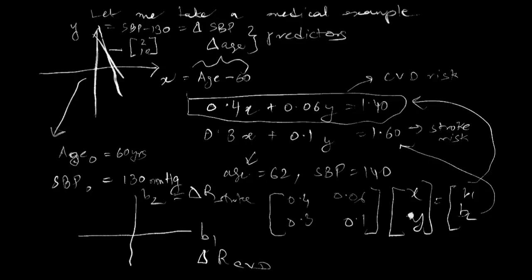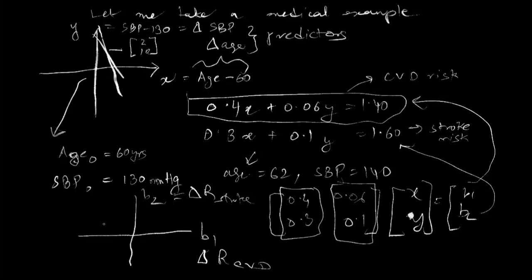So again, we can plot it with 2 and 10. In this case, this is the age factor column vector, and this is the systolic blood pressure column vector. If we multiply 2 times the age factor column vector plus 10 times the systolic blood pressure column vector, then we arrive at 1.40 and 1.60.